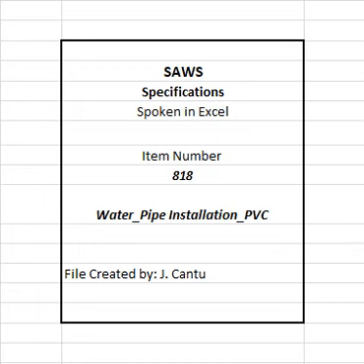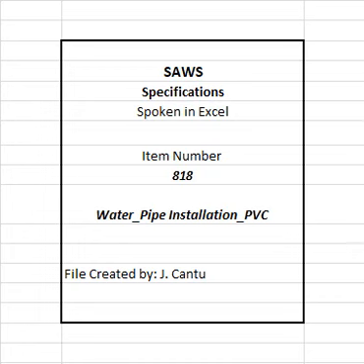4. American Society for Testing and Materials International, ASTM. A. ASTM D1248, Standard Specification for Polyethylene Plastics Molding and Extrusion Materials. B. ASTM D1784, Standard Specification for Rigid Poly, Vinyl Chloride, PVC, Compounds and Chlorinated Poly, Vinyl Chloride, CPVC, Compounds.